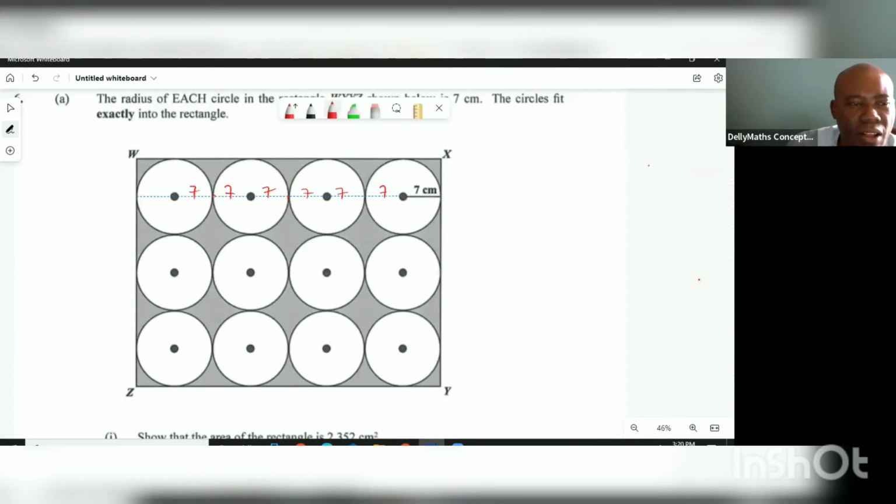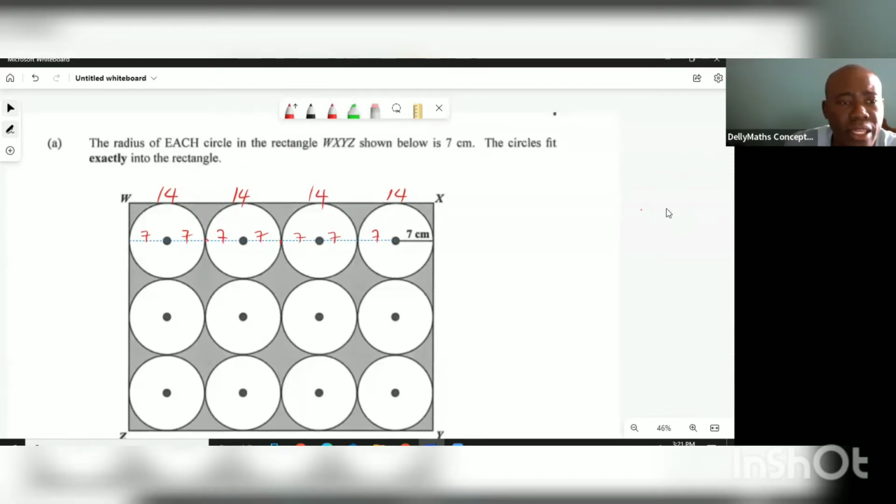So we're seeing all of these radii coming together, 7, which would have made for a circle 14 going across for the diameter. So we have 14 here attached to 14 there, attached to 14 there, attached to 14. So we would have had that distance as 14, 4 times, that's 56 centimeters going across.